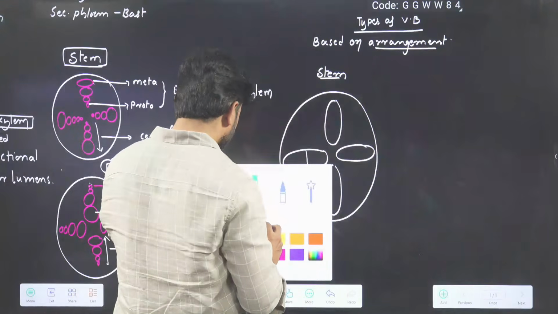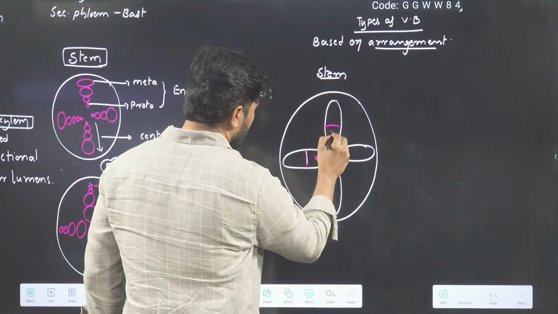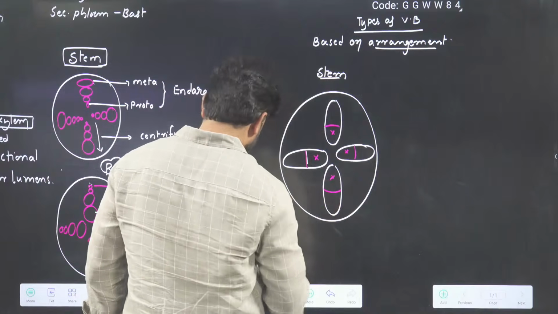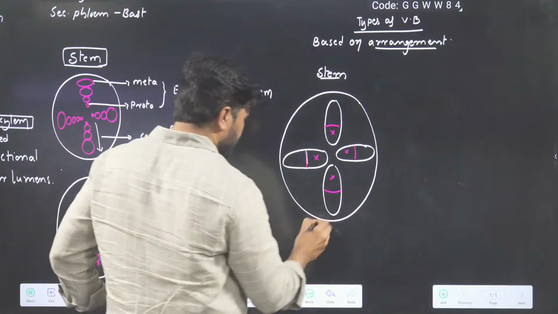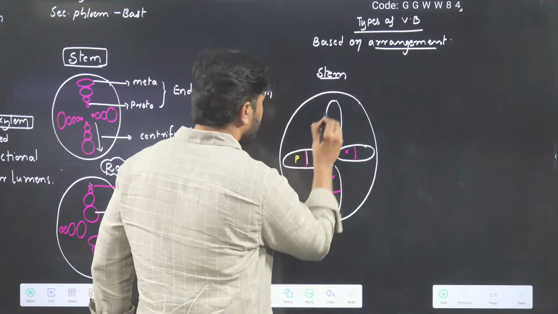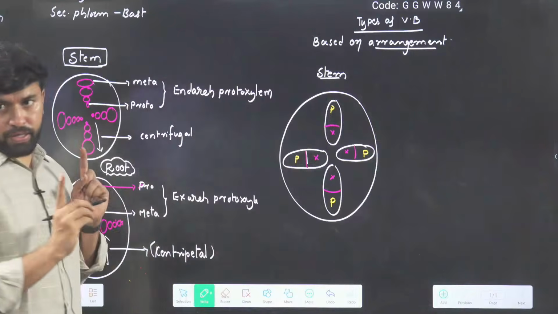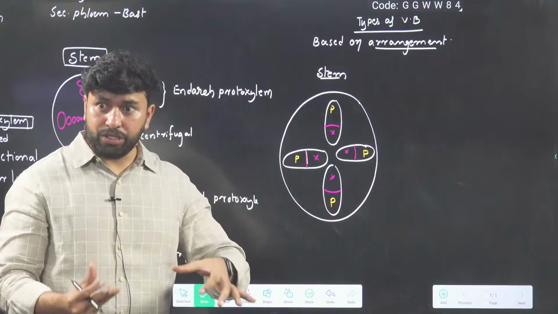There is xylem, xylem, xylem, and also phloem. Observe phloem. This is phloem. These are vascular bundles. Xylem and phloem together, I am noticing how they are arranged, not matured.